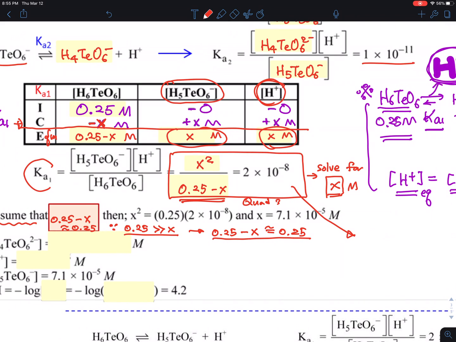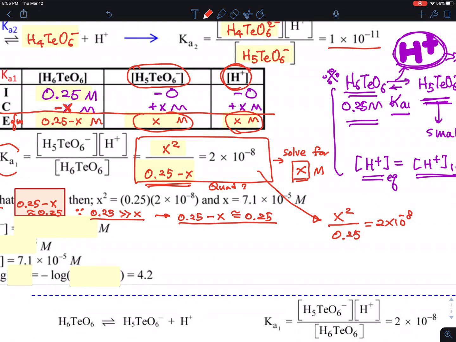If you look at that, X squared now, 0.25 minus X becomes just a simple 0.25, and 2 times 10 to the minus 8. And so therefore you can solve it for X: X is the square root of 0.25 times 2 times 10 to the minus 8, and the X value is now 7.1 times 10 to the minus 5 molar.